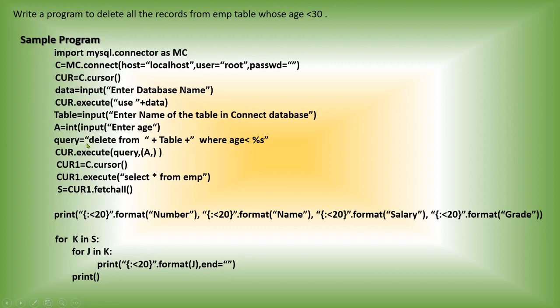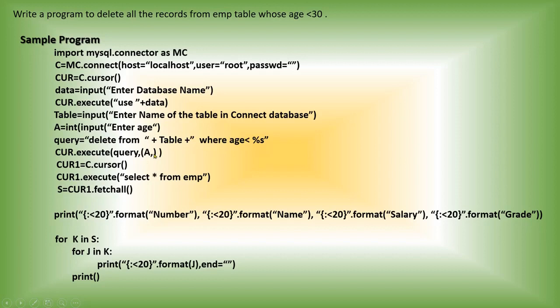So the query is placed inside a variable. Instead of using it inside the execute query, that query is placed inside a variable, and the variable name is query itself. And I am using the execute query: cursor object dot execute query, comma, and the percentages. You have one value to replace the percentages.